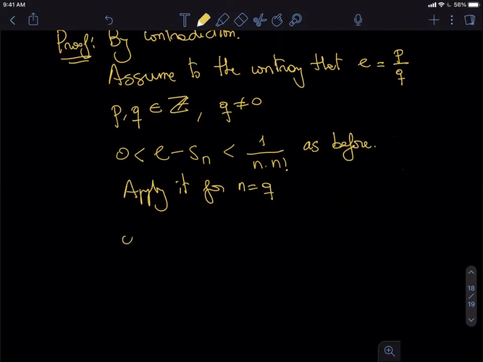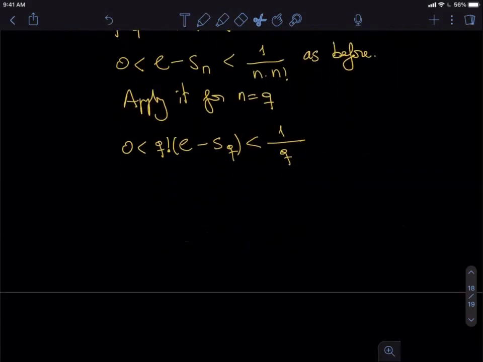Now, how will it look? It is q times q factorial times e minus s sub q less than 1 over q. Let me move the q factorial here. Okay, we have the same thing. And now let's look carefully at this expression we have, q factorial times e minus s sub q.